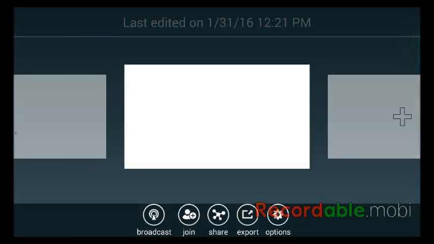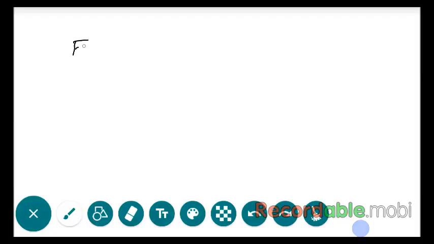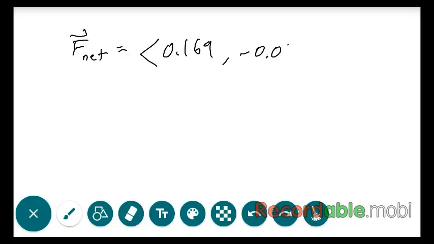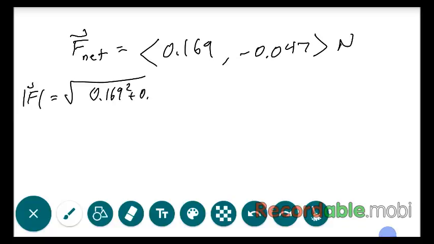Using that information, we now know that in vector form, our net force is equal to 0.169, comma, negative 0.047 newtons. Therefore, to find the magnitude of that force, we're going to use the Pythagorean theorem: 0.169 squared plus 0.047 squared, and that will get you the answer of 0.18 newtons.